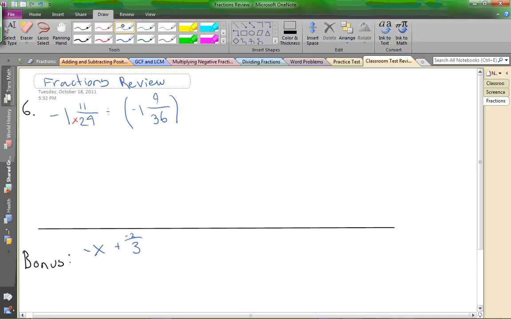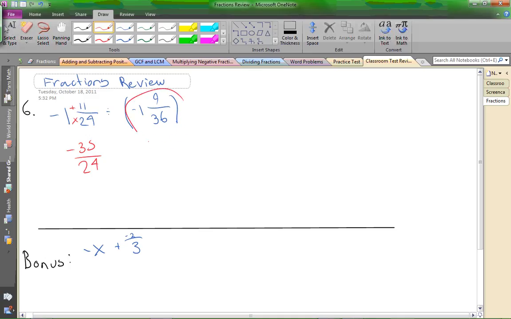After we do that, which is 24, we would add the numerator, which is this number. So 24 plus 11 is 35, and the denominator stays the same, so it's still 24. Don't forget your negative symbol.